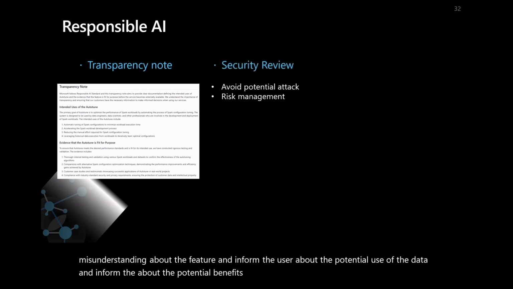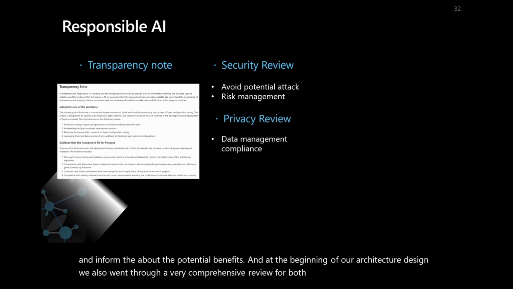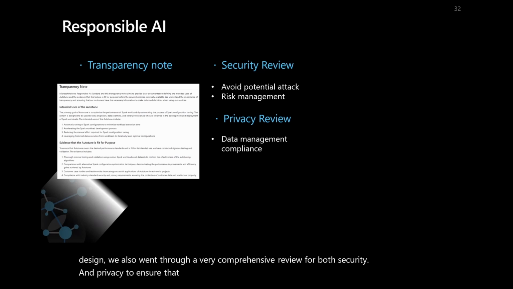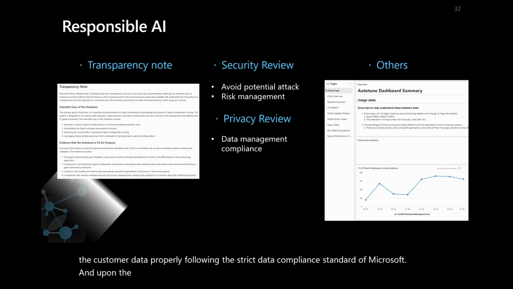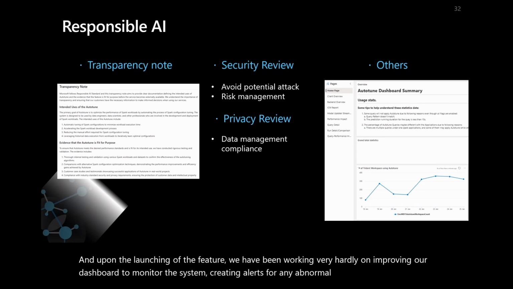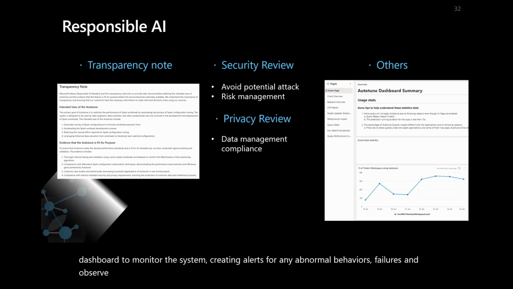And at the beginning of our architecture design, we also went through a very comprehensive review for both security and privacy to ensure that we are well protected against any attack and manage the customer data properly, following the strict data compliance standard of Microsoft. And upon the launching of the feature, we have been working very hard on improving our dashboard to monitor the system, creating alerts for any abnormal behaviors, failures, and observing the performance impacts, etc.